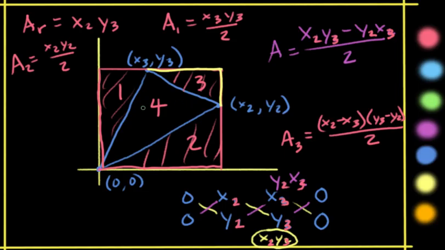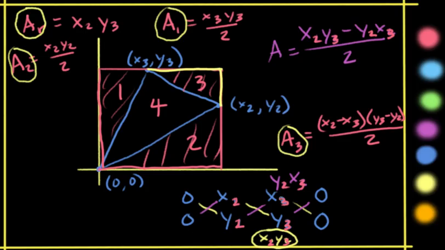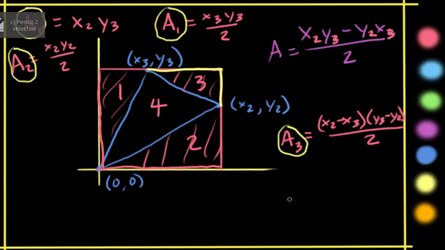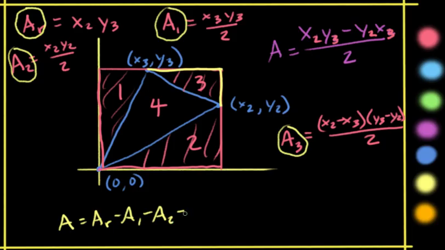So our final area is going to be the rectangle area minus this, minus this, minus this. So let's make some room. Alright, so our final area is going to be equal to AR minus A1 minus A2 minus A3. And that is going to be equal to what?